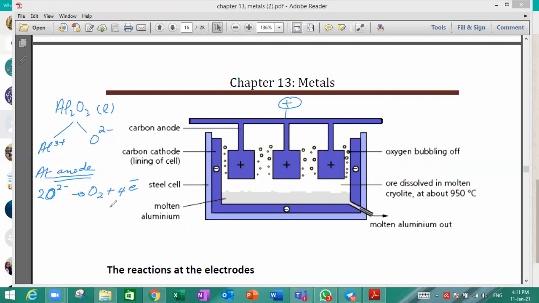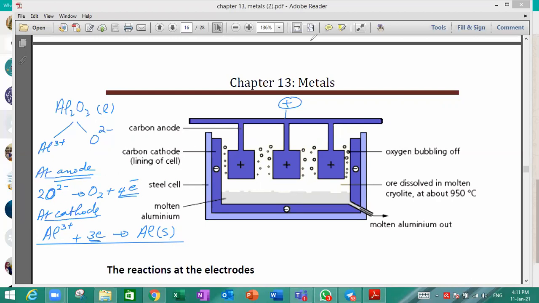This is the half ionic equation happening at the anode, and at the cathode we will find that aluminium ions will be attracted towards the cathode, where they are going to get the electrons that come from the anode to form the aluminium metal. Okay, so if we want to add up these two equations, then we said before that the number of electrons that come out at the anode should be equal to the number of electrons that are needed at the cathode.